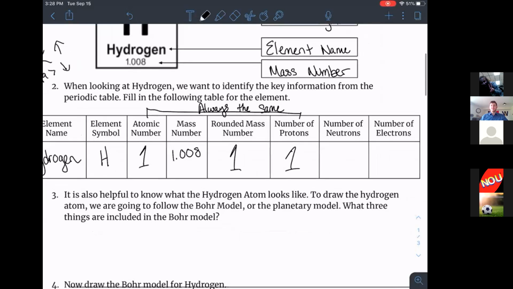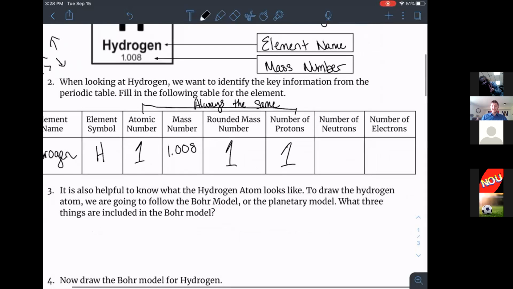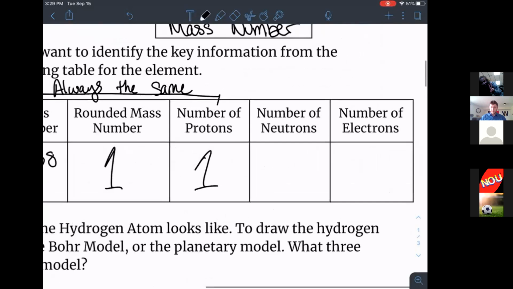Now the next one, the number of neutrons, is where it gets a little more difficult, because you have to do some math to figure it out. If we're looking at our element, the things that we know are the mass number and the atomic number, or the number of protons.